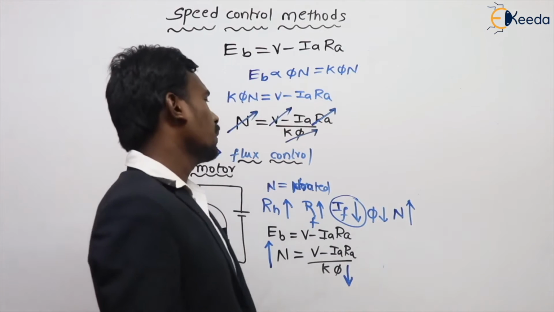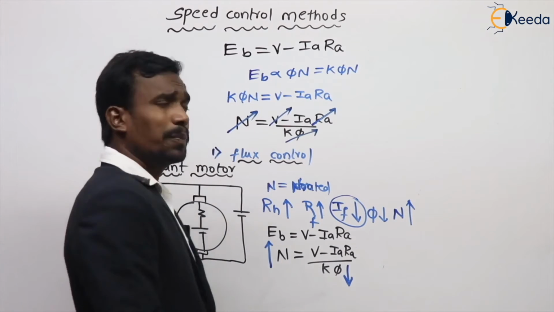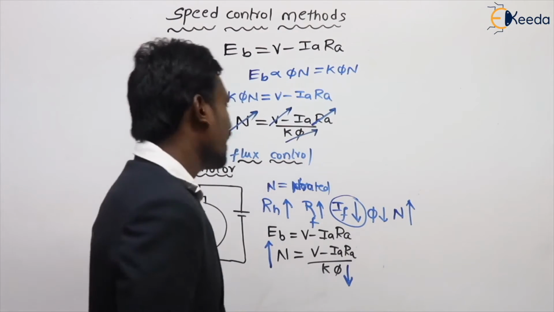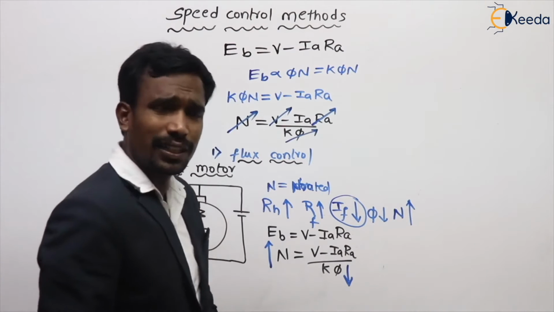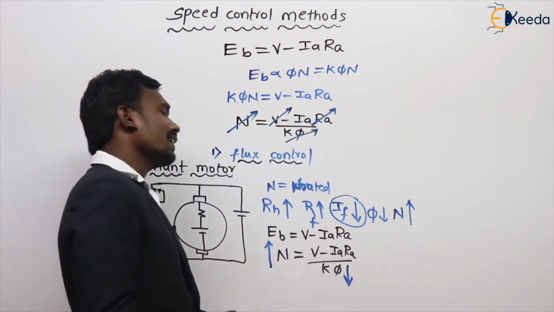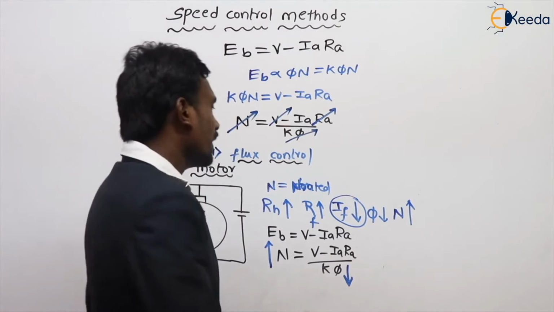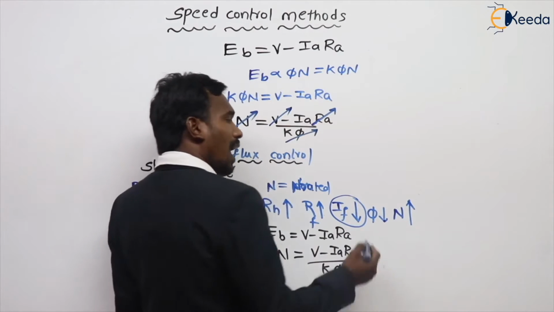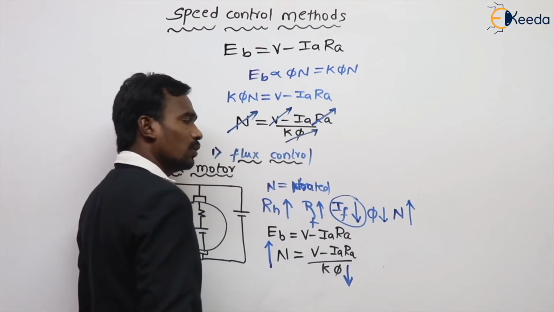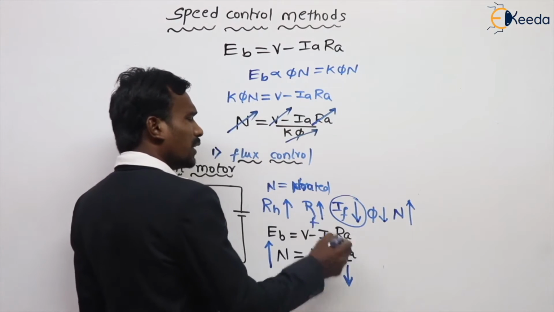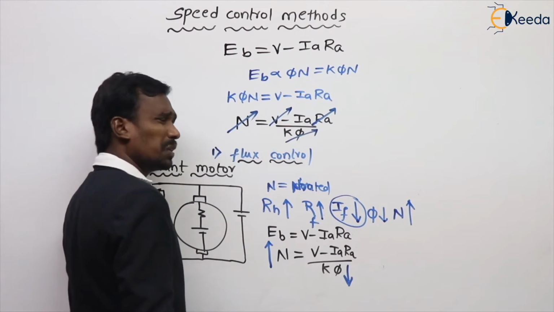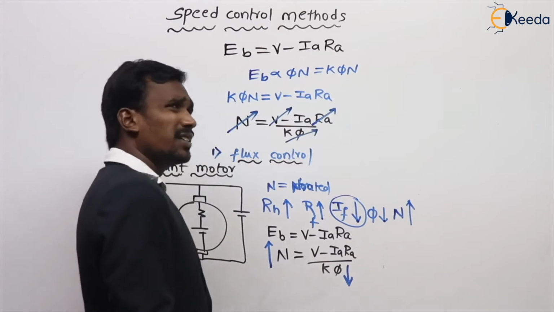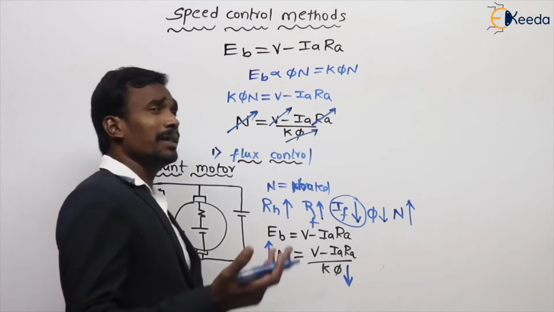Sir, for example, I want to reduce my speed. How, sir? My rheostat is already at minimum position. Now tell me, how can I reduce my speed? To reduce my speed, I have to increase my flux. How? I have to increase my field current. How? I have to reduce my field resistance. How is it possible? The rheostat is already at minimum position.